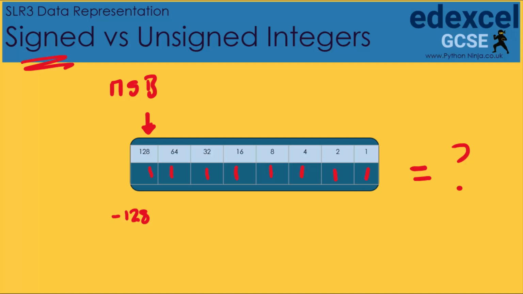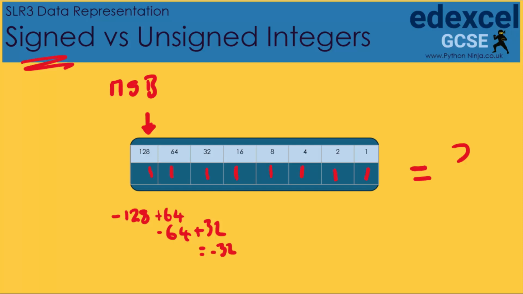What is the denary value being represented here? Okay, so we know minus 128 plus 64 is equivalent to minus 64. Minus 64 plus 32 is equivalent to minus 32.